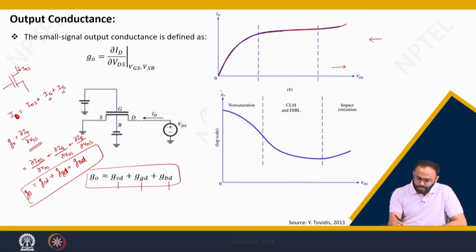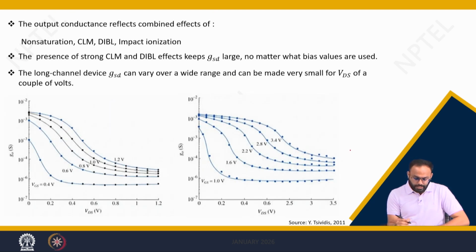Now, if we plot GM in log scale, it shows this kind of trend, which simply shows that because of impact ionization, GM increases. Now, we can analyze these two graphs for short channel and long channel devices. As you can see, this is plotted for a short channel device and this is plotted for a long channel device.